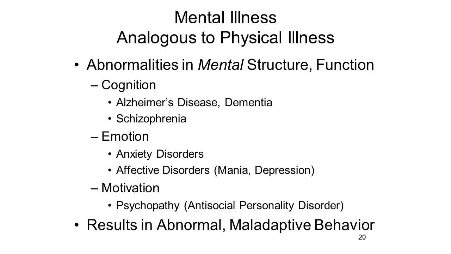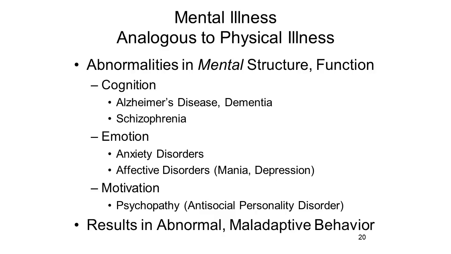In Alzheimer's disease and most other forms of dementia, and in schizophrenia, we see abnormalities in cognition. The person has difficulties in thinking, or remembering, or communicating, or hallucinates, which are difficulties in perception. In the anxiety disorders and in the affective disorders, the abnormality is in the emotional domain.